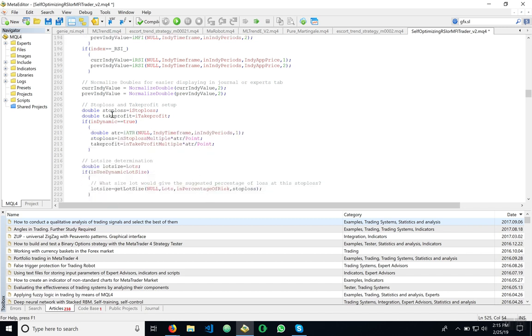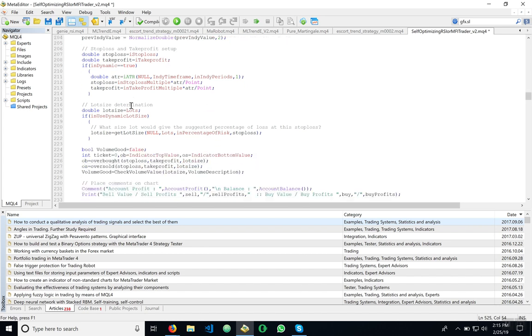And then it sets, based on the input, the stop loss value, the take profit value, and one of the most important inputs: if it's set to dynamic, it will update the stop loss and take profit depending on the time frame or periods that the EA is moving through. Now, second of all, this part here determines the lot size. And what this does is that it sets the lot size based on a percentage of the stop loss.